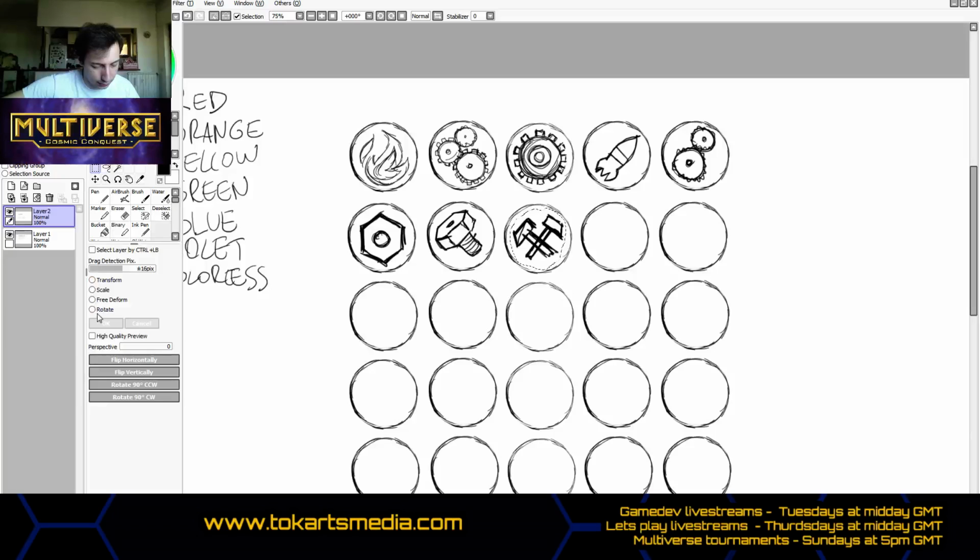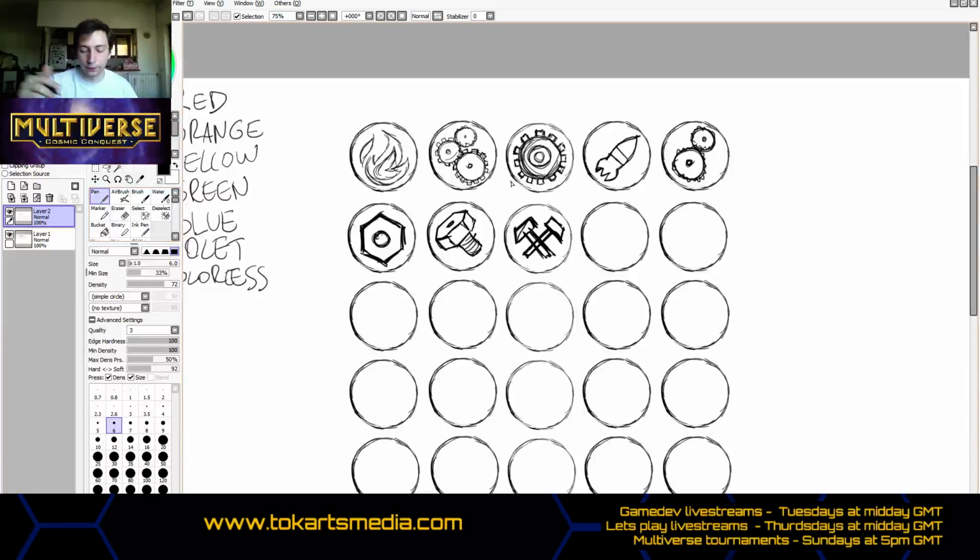Let's rotate it slightly. And it obviously works better if they are symmetrical. I like this symbol, it's symmetrical. And it kind of works for people that use physical labor. This is a good one.